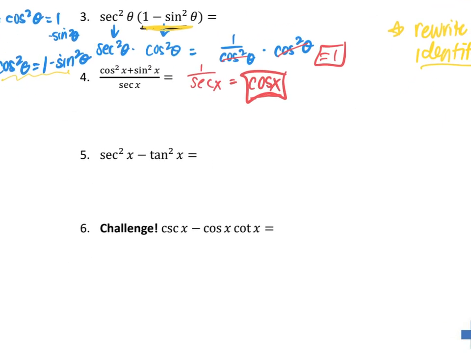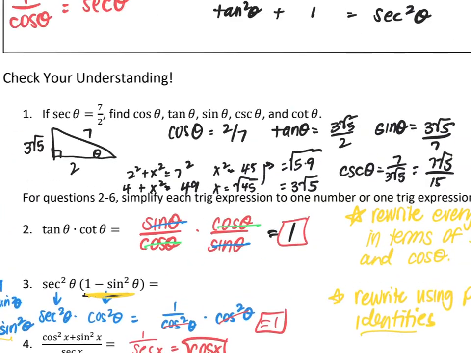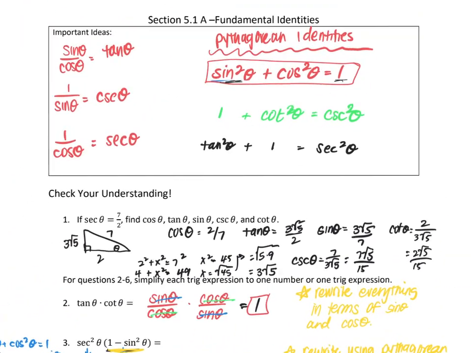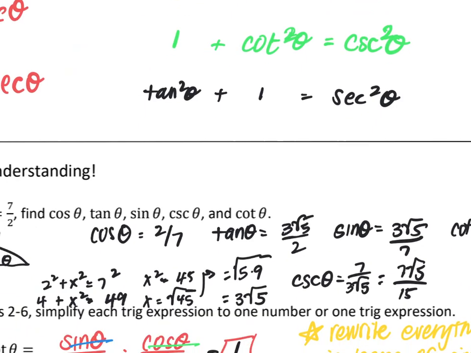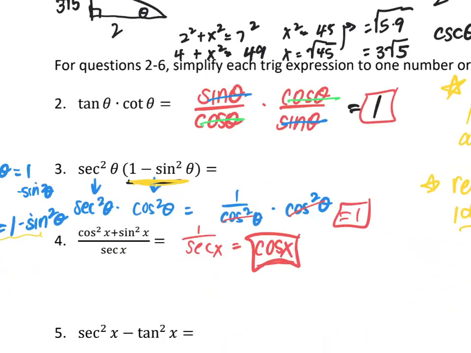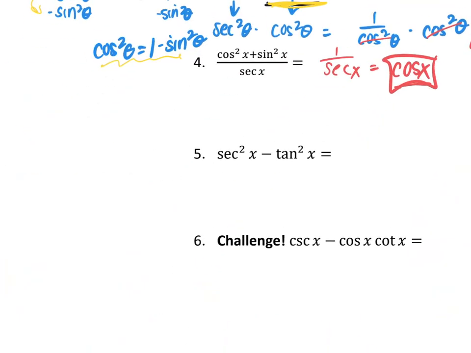Okay, here we go. Secant squared minus tangent squared. How can we rewrite this or simplify? Well, I feel like it is similar to this third Pythagorean identity, tangent squared plus 1 equals secant squared. So I'm going to write it down here. Tangent squared plus 1 equals secant squared.